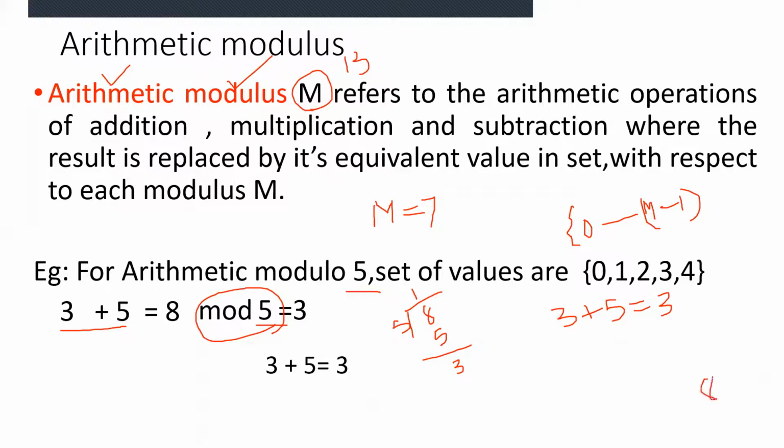You first define the set of values, then do the arithmetic operation, and after that find the mod with 7. It goes 1 time and the remainder will be 1. So for arithmetic modulo 7, 3 plus 5 gives you 1. Understood? For modulo 5, you get the value 3.